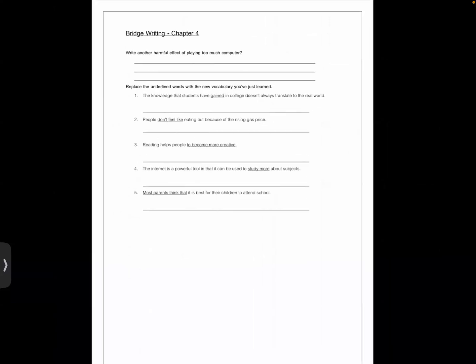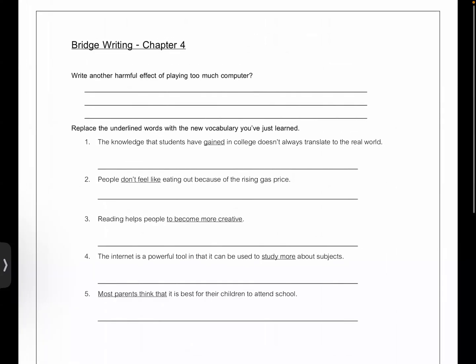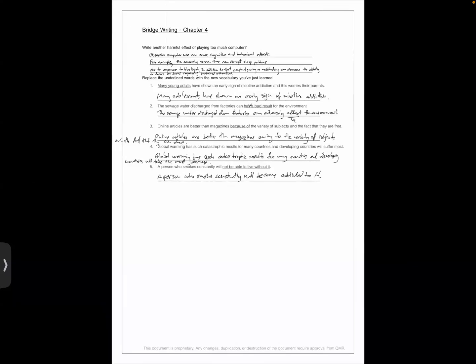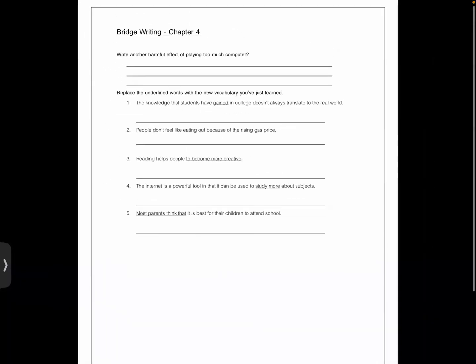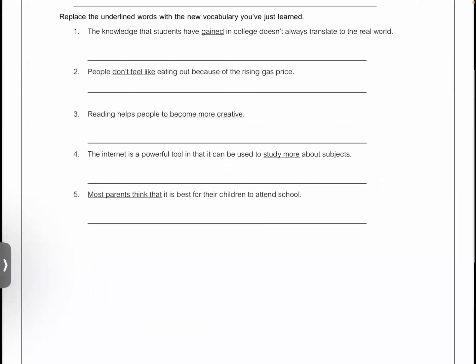All right. Next, we are going to look at some harmful effects of playing computer too much. Okay, so why don't you take 3 minutes to think about another harmful. Oh, wait a minute. This is not supposed to be about computer. Okay, so maybe it's just a typo. Okay, doesn't matter. Let's move on to the next exercise then. Okay, replace the underlined words with the new vocabulary you have just learned.